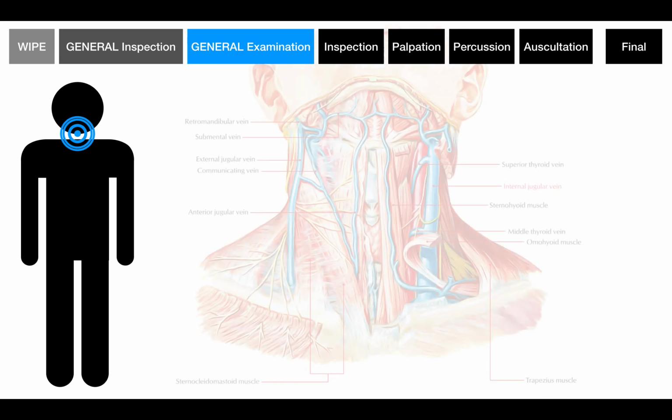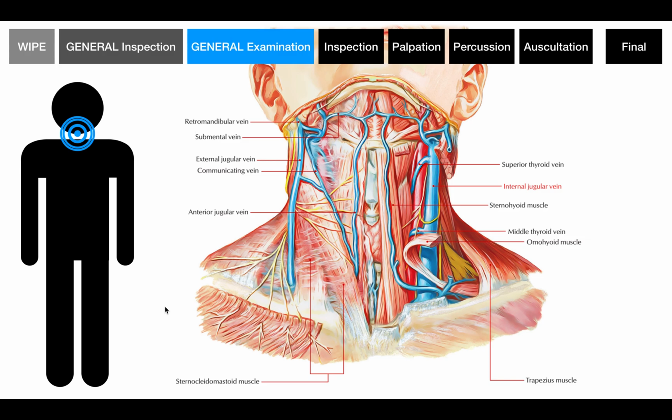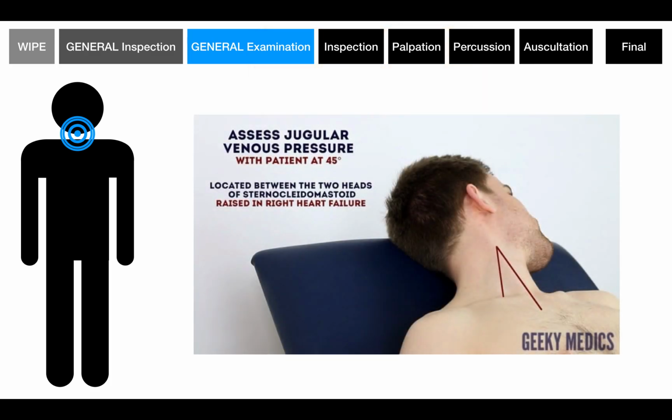So, the general exam, so you're going to do JVP. So between the two heads of sternocleidomastoid, there's one that goes to the clavicle, there's one that goes to the manubrium here. So between the two heads is a little triangular gap, and in that gap you can see this massive vein here, the internal jugular vein. So you're going to measure this internal jugular vein. We also do this in the general exam and in the cardio exam.